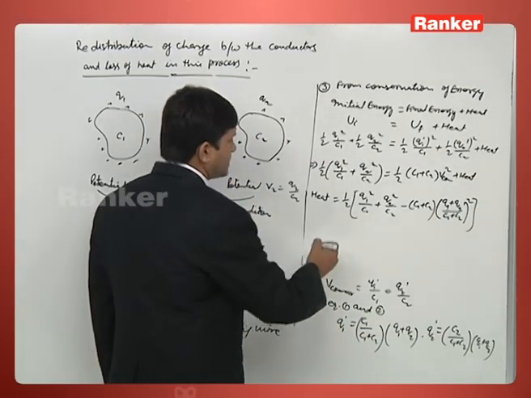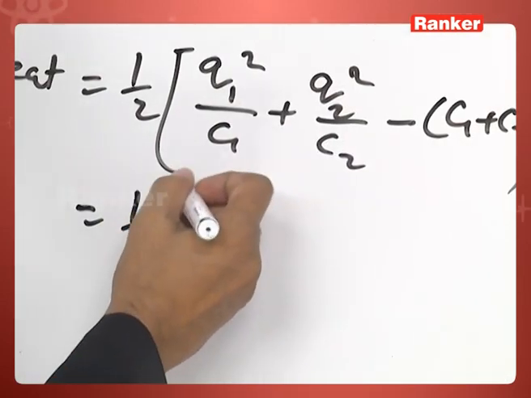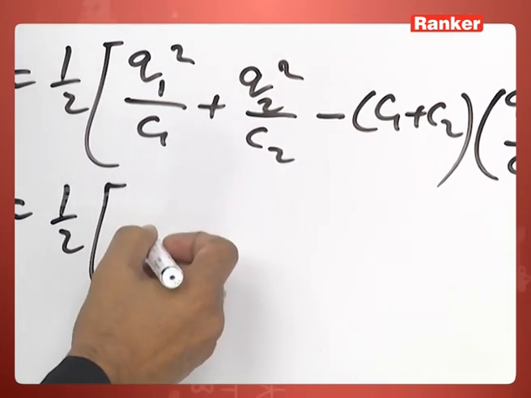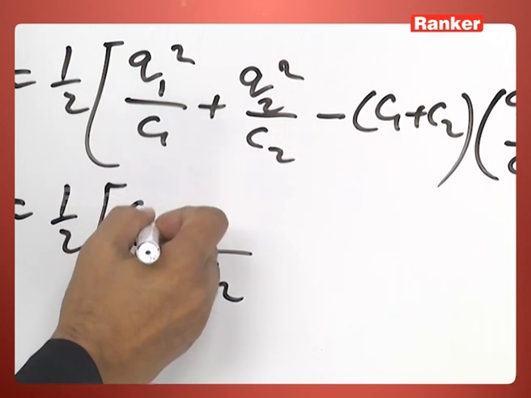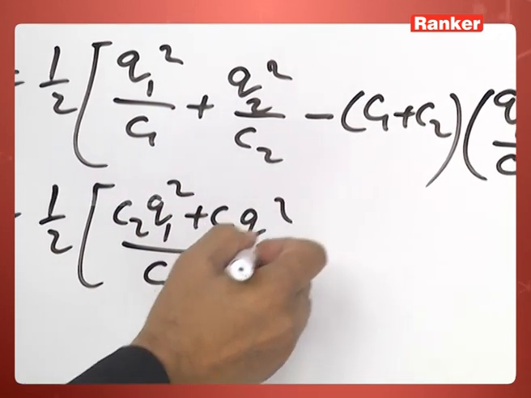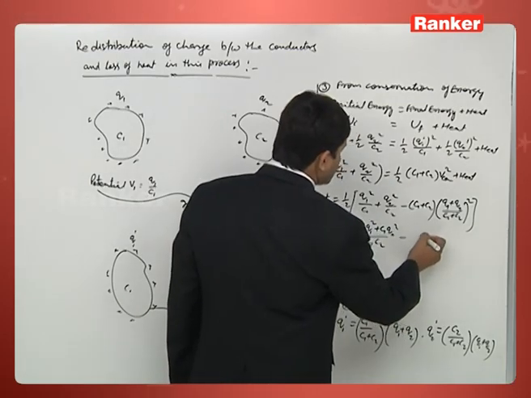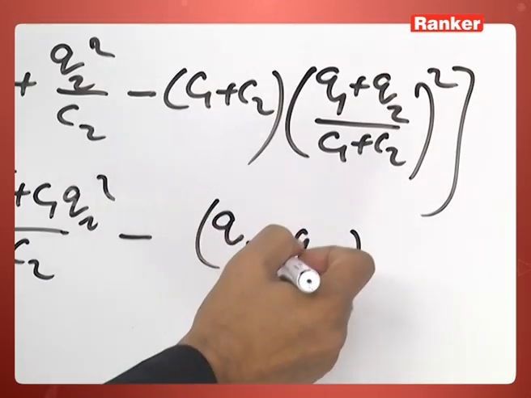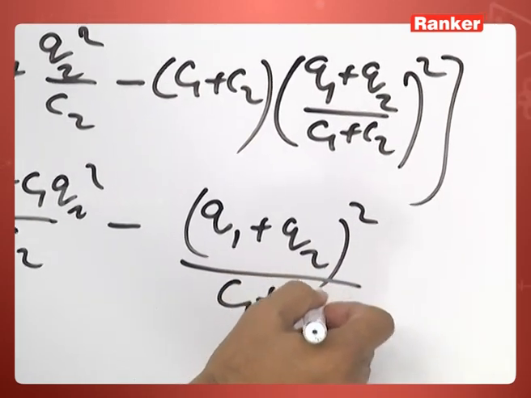Now simplify. 1 by 2 of C2 Q1 square plus C1 Q2 square, minus Q1 plus Q2 whole square by C1 plus C2.